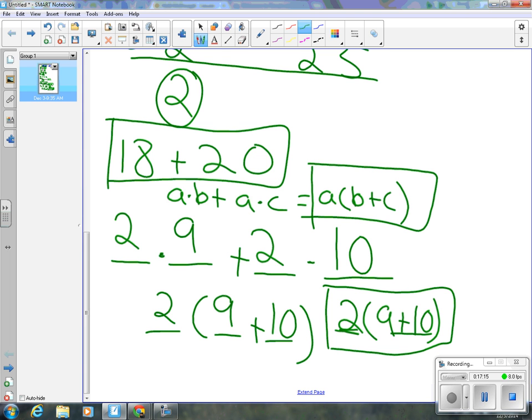That's the form. So is it always that same exact form? Yep. I want you to always try to get it to this form. So it's always A times B plus A times C. I want you to get it to there, and then from there, you can get it to A times parentheses B plus C.